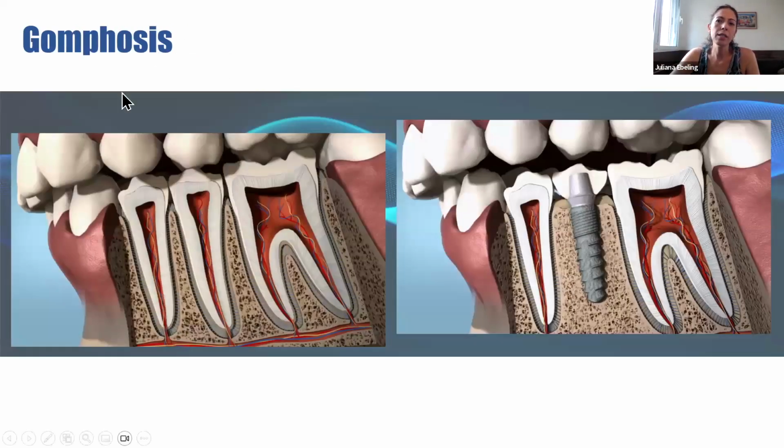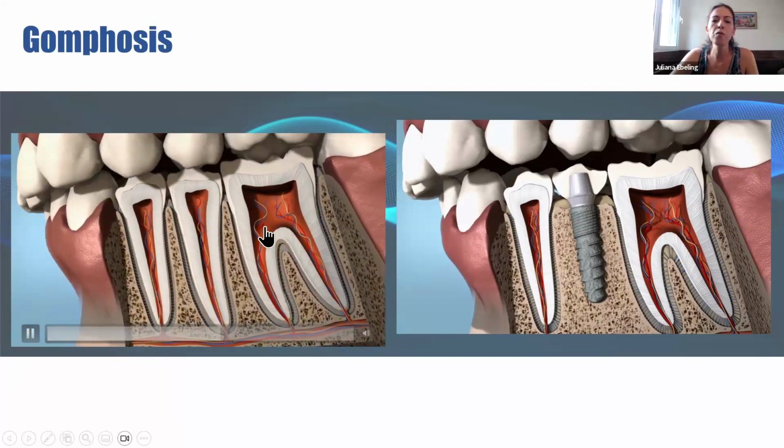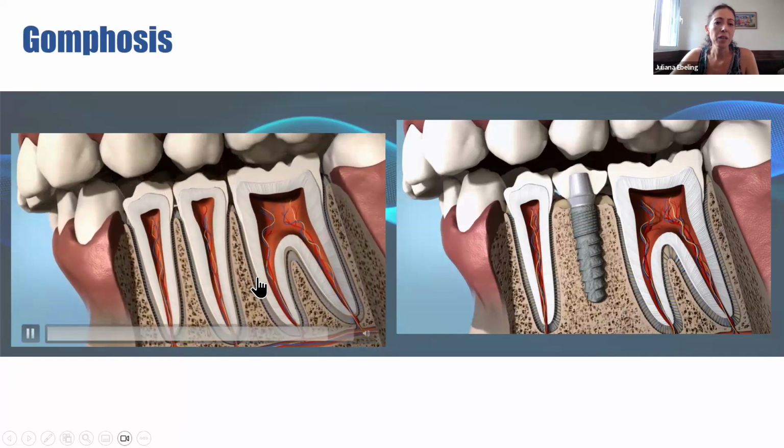And the last point that we must have in mind is about confounders. When I have only teeth, I have this intrusion, this movement in the ligament.